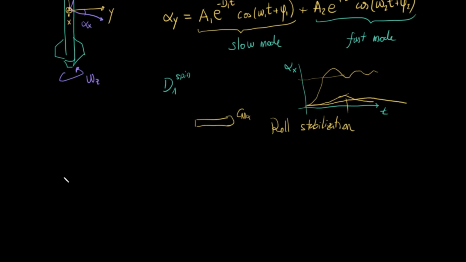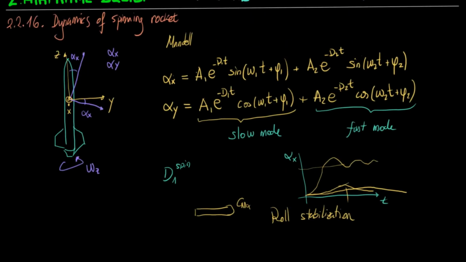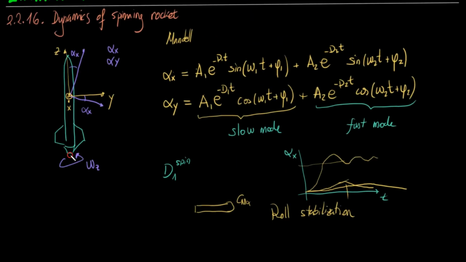So the cool thing about roll stabilization as well is that, imagine that we have a small thrust misalignment. If this is the roll axis, imagine that our thrust force is slightly misaligned.